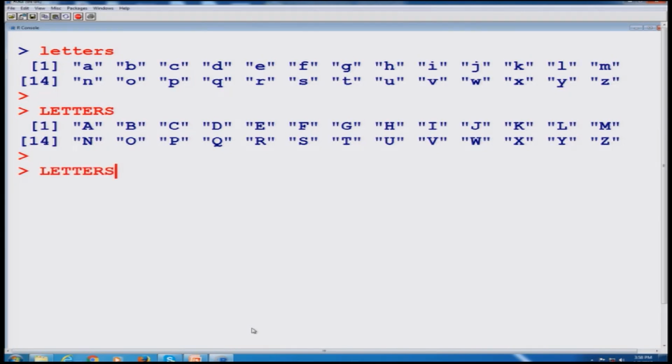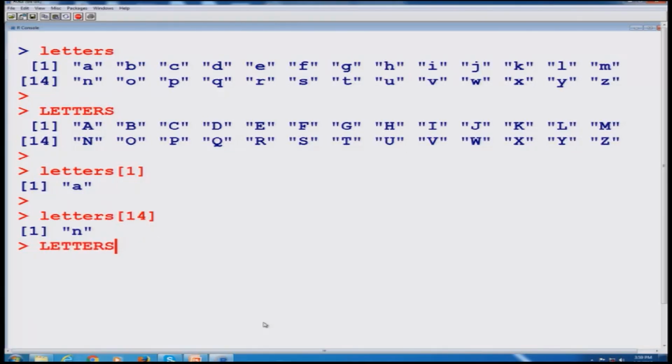Now, suppose I want to see what is there in the first position. I can say here letters at position number 1 and I get here a. Similarly, if I write down here what is the letter at position number 14, I get here small n.